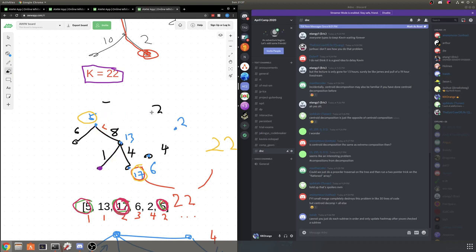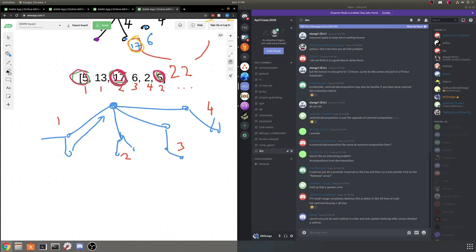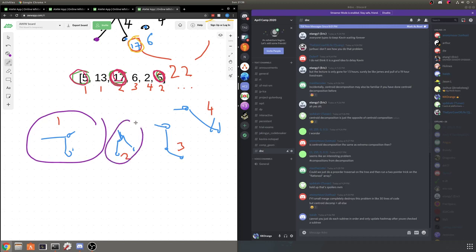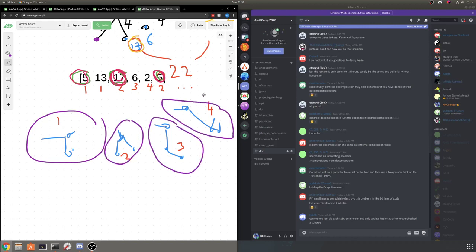Once you consider all the paths that involve this root vertex, you can delete that vertex, and you don't have to worry about that vertex ever again, because you've already now considered every single path that goes through that vertex. So what you end up with is a bunch of isolated trees, and now you can answer the question of, does there exist a path of length exactly k in one of these trees?